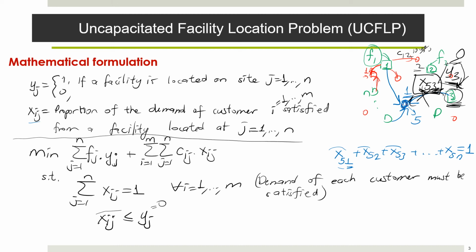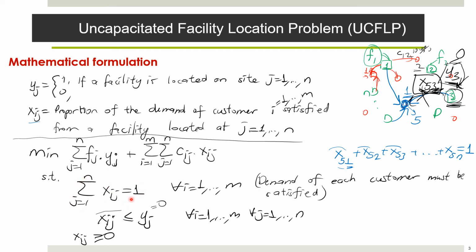Okay? So I am going to write this for all i from 1 up to m, and for all j going from 1 up to n. And lastly, the sign restrictions. Xij are greater than or equal to 0. Actually, you can write it is less than or equal to 1. But because of this constraint, you don't need to write it, because in this constraint we said that its summation will be equal to 1.